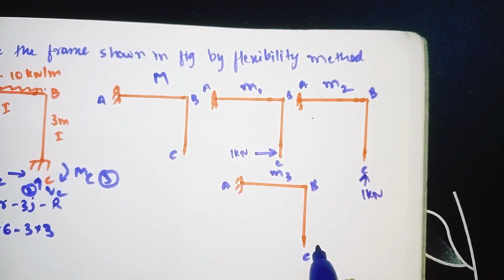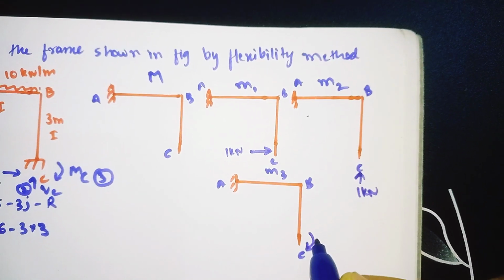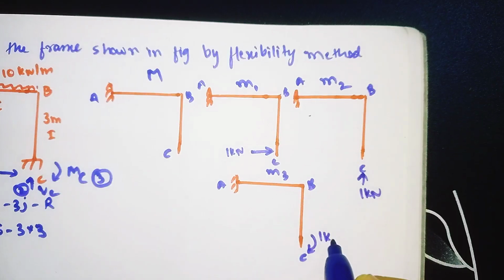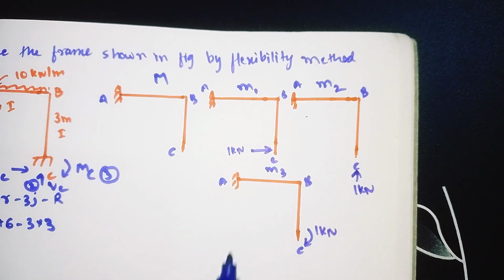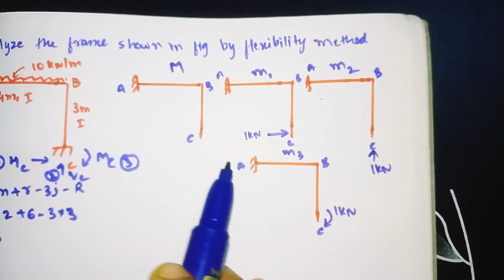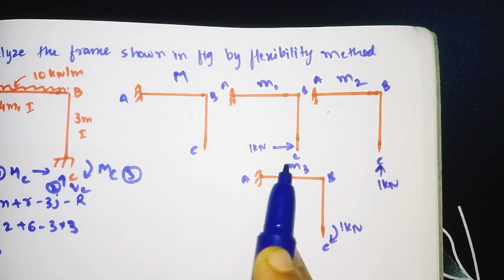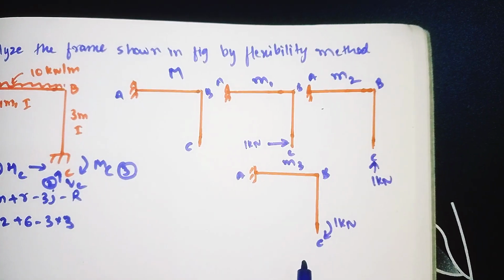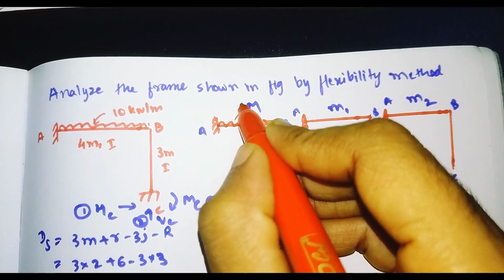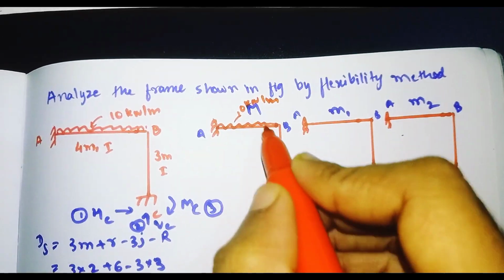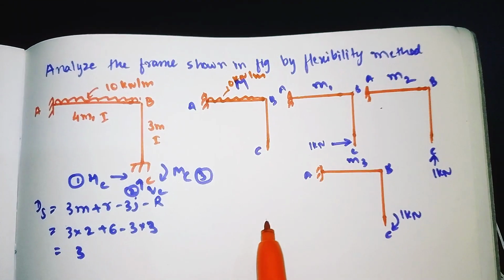The moment also has an intensity of 1 kilonewton. This is how we need to draw all the diagrams. Put here the UDL of 10 kilonewton per meter. This is our capital M diagram.